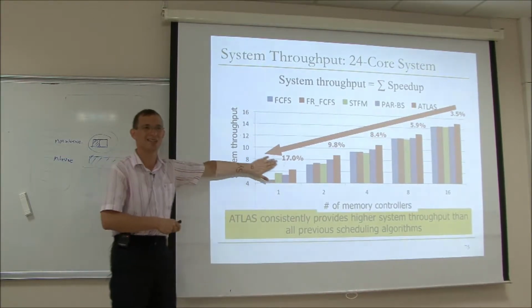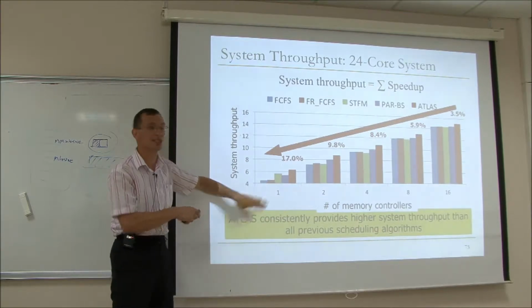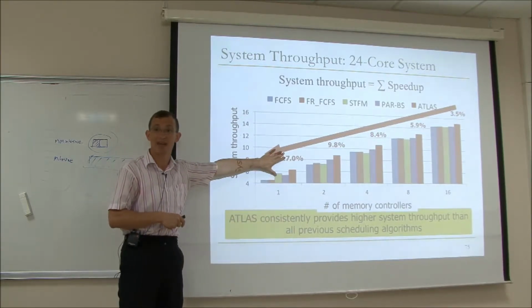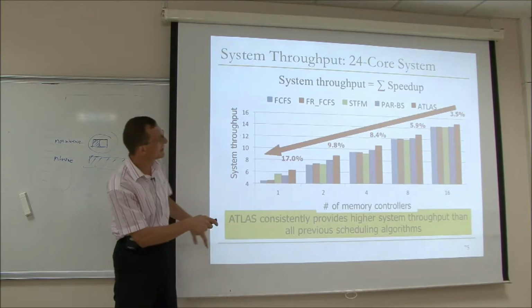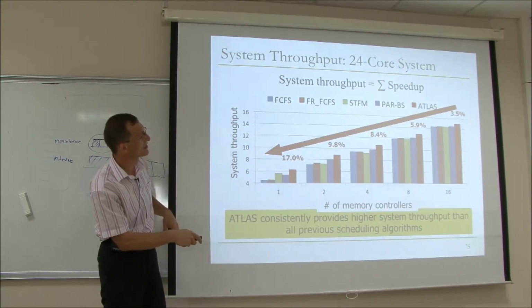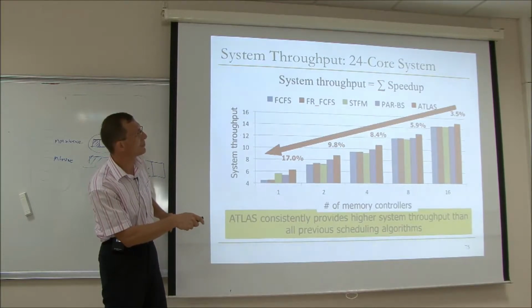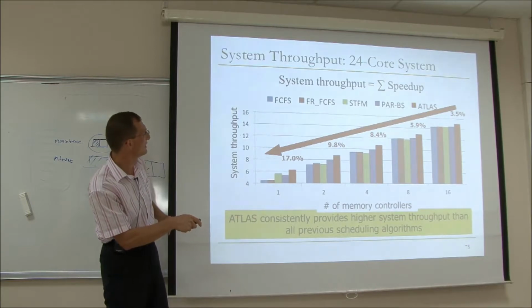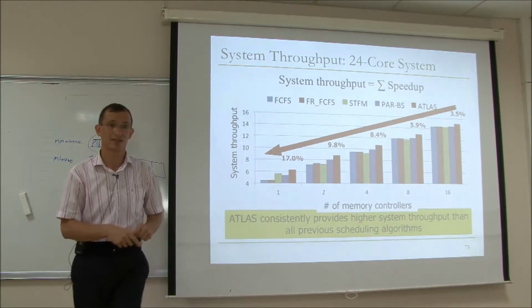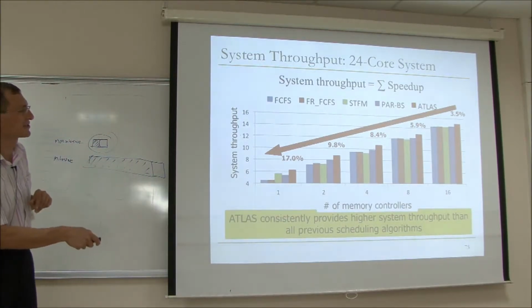But Atlas becomes a more efficient scheduling policy as bandwidth becomes scarce. And if you look at 24 controllers and 24 cores, and 16 controllers, you see that our performance improvement is very low. But scheduling policy doesn't matter that much over here. Performance is very high if you have this very expensive system with 16 memory controllers.